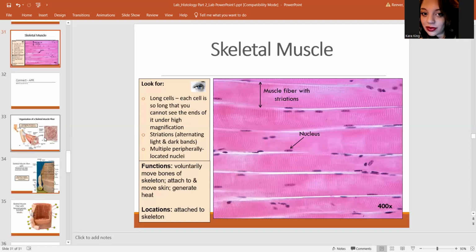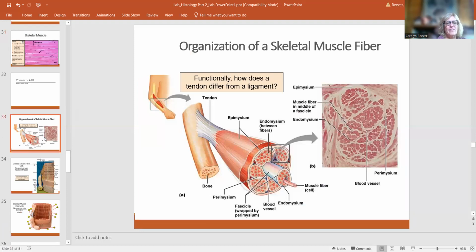And then this, see, we've got those endos and peris and epis, right? A little bit different, because the peri is around the fascicle, and the endo is around the individual muscle fiber, and then the epi is the outer layer that kind of joins to the tendon.